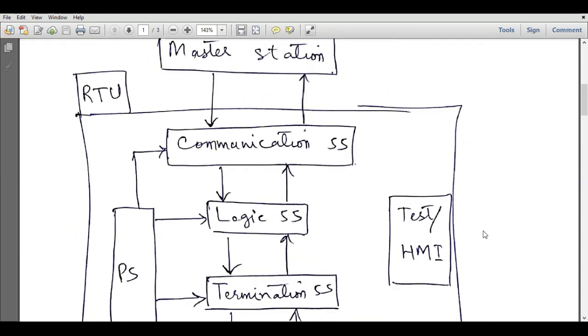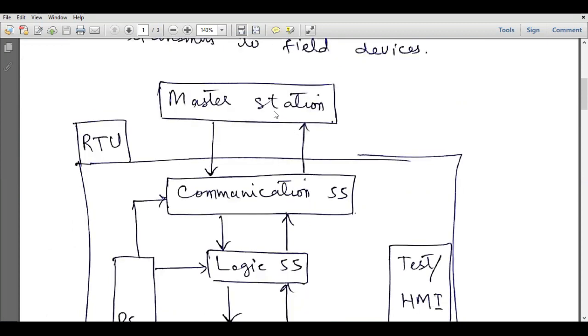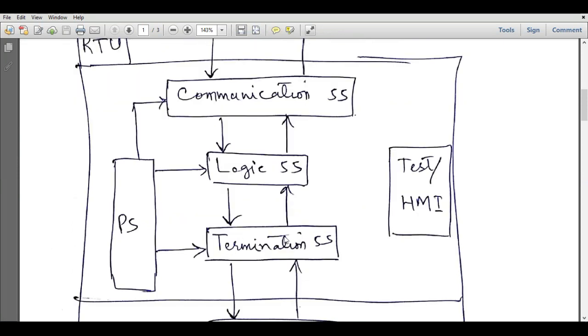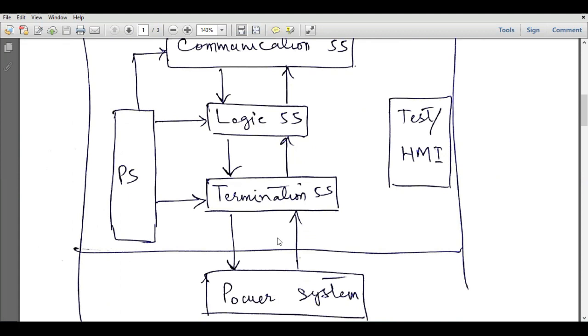So you can observe this thing over here. Here we have master station, and from the communication subsystem, we have a bidirectional communication, right? Similarly, there is a logic substation and a termination subsystem. So this is communication subsystem, logic subsystem, and termination subsystem.